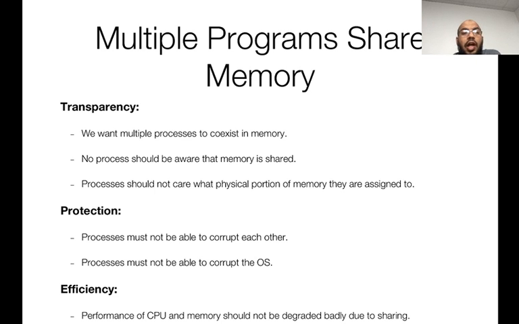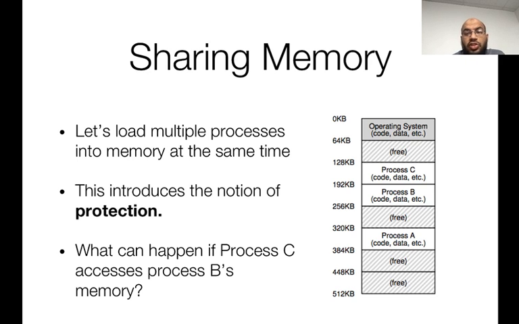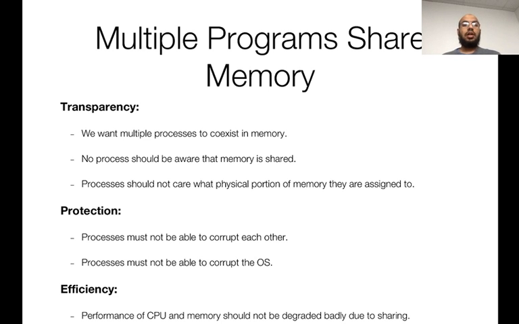When you write a program, you do not assume that this program will be stored at a particular line in RAM. You just compile it, and then the operating system magically puts it somewhere, and the program should run no matter where it is in memory. If process B switches its place with process C, both should still run with no issues. You shouldn't have any notion of where you run in memory.